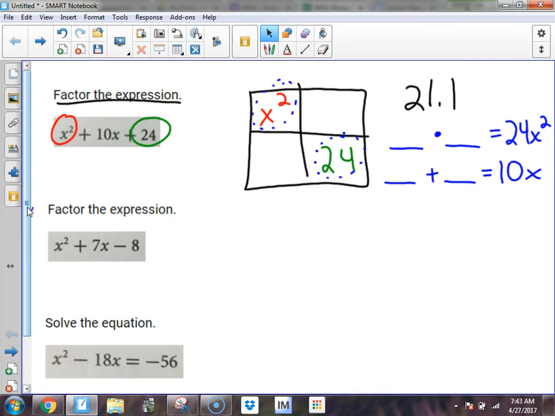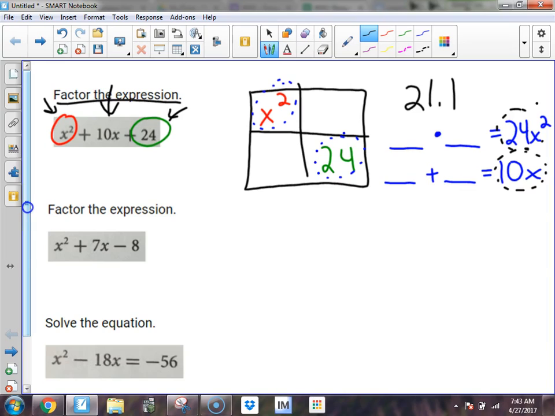The 24x squared comes from multiplying the first term and the last term. Right? That's where this comes from. The 10x comes from the middle. Good so far?